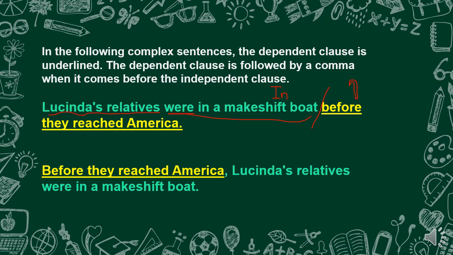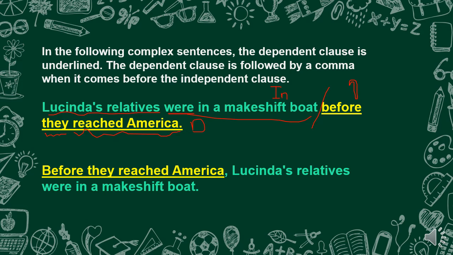Before they reached America. What? Can I say this only, or can I write this only? Before they reached America, what happened to them? Still here I have a subject, and here I have a predicate, but the sentence is not complete. So this is a dependent clause. Okay. What if I change the order?